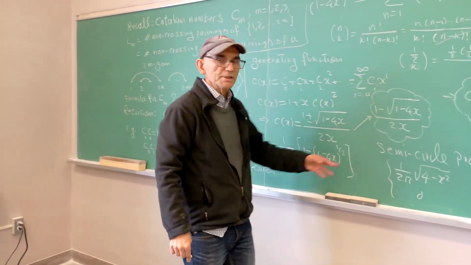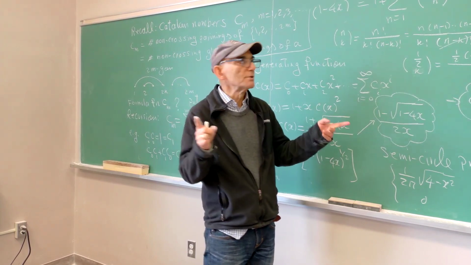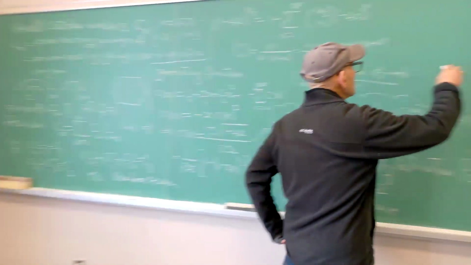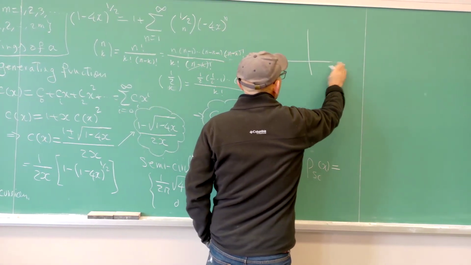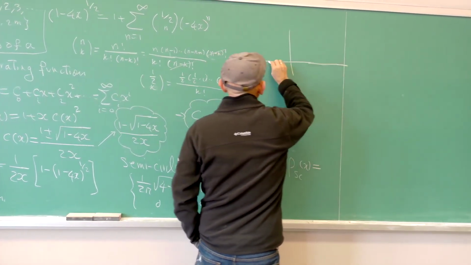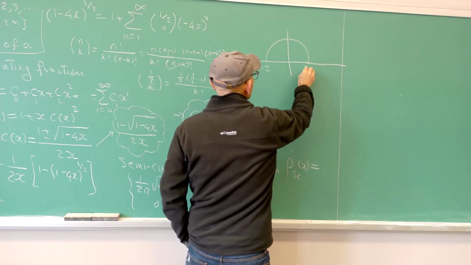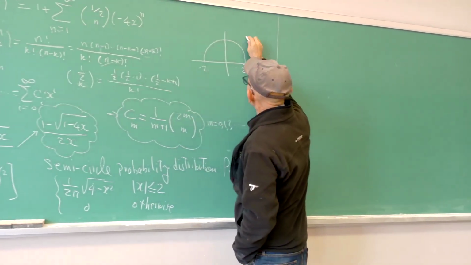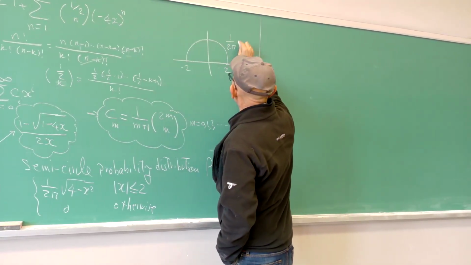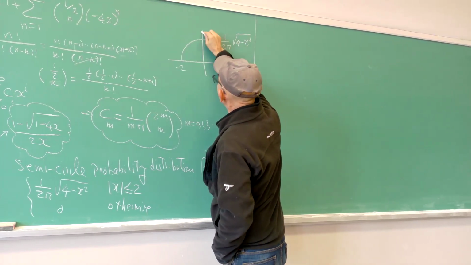So we define a probability distribution which is smooth except at 2 points, minus 2 and 2. So this looks like this. Negative 2, and 1/(2 pi) root of (4 minus x squared) is here.